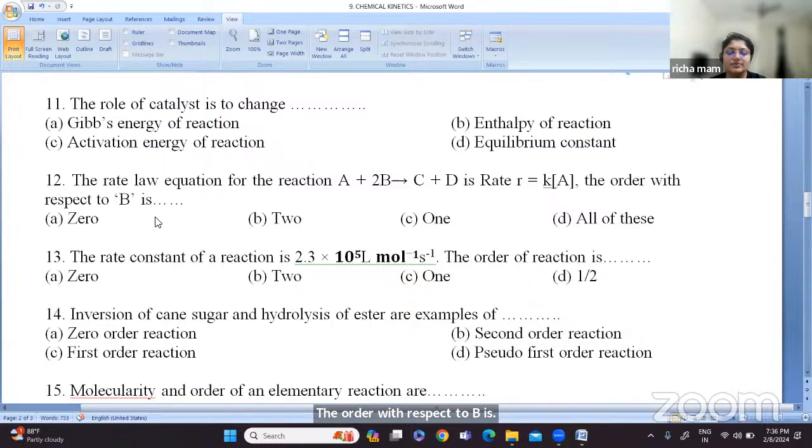Yes, students? Dhanush has answered it as C. Usha has answered it as A.